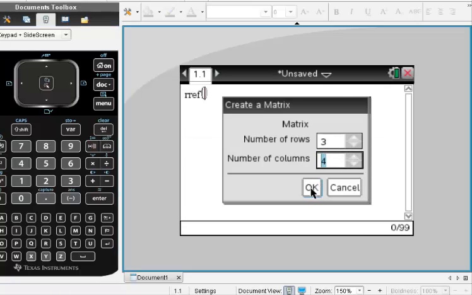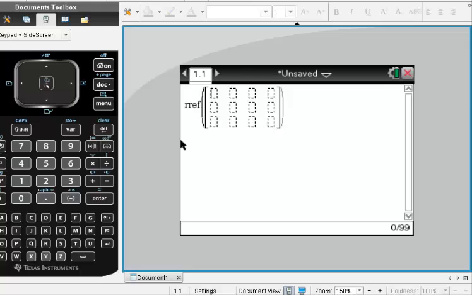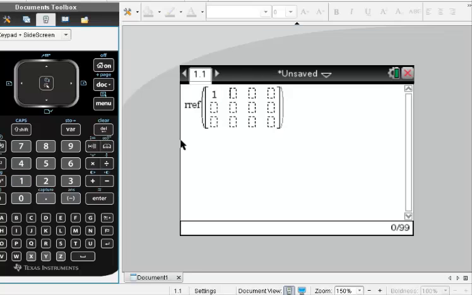There's 3 rows and 4 columns. And then we'll just put our numbers in. 1, -1, 1, -3. Then we'll put in 0, 0, 1, -4. And then we'll put in 4, 2, 1, and 6.